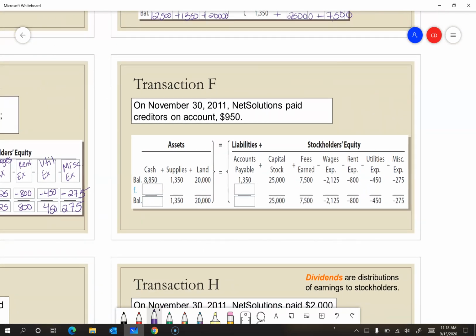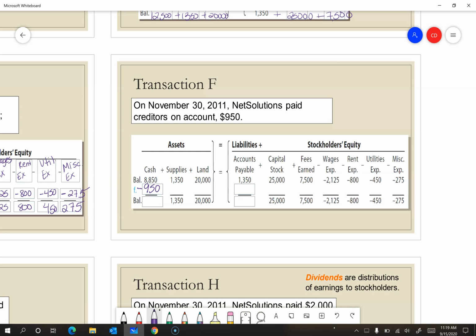All right, transaction F. On November 30th, 2011, Net Solutions paid creditors on account $950. So is cash changing hands? Yes. Is it going up or down? It's going down. So we're going to be taking out $950, okay?